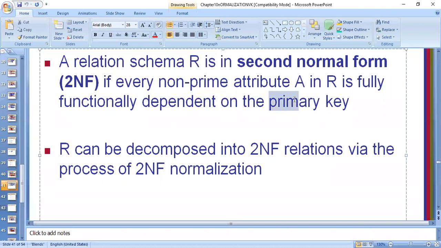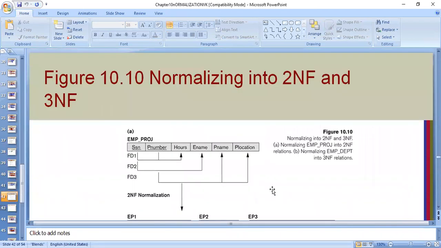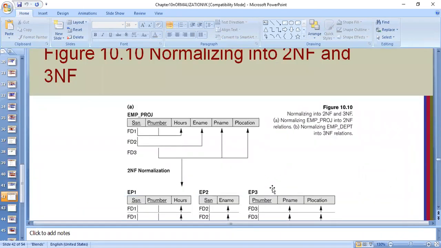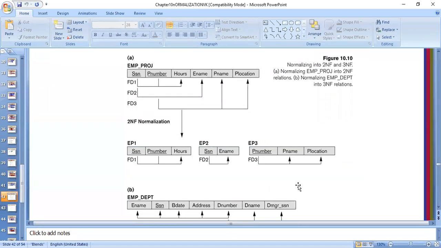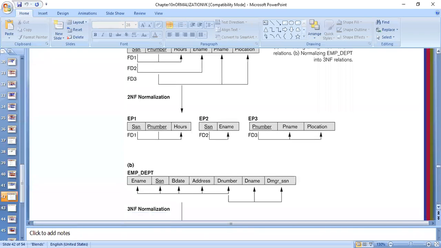Is it clear? So we have to also remember the definition, which will be separately asked for 2 marks. If asked for 5 marks, you have to also show the example. So the example is employee project. Clear? Now let us look at the definition of third normal form. For understanding third normal form, we have to learn one more definition.